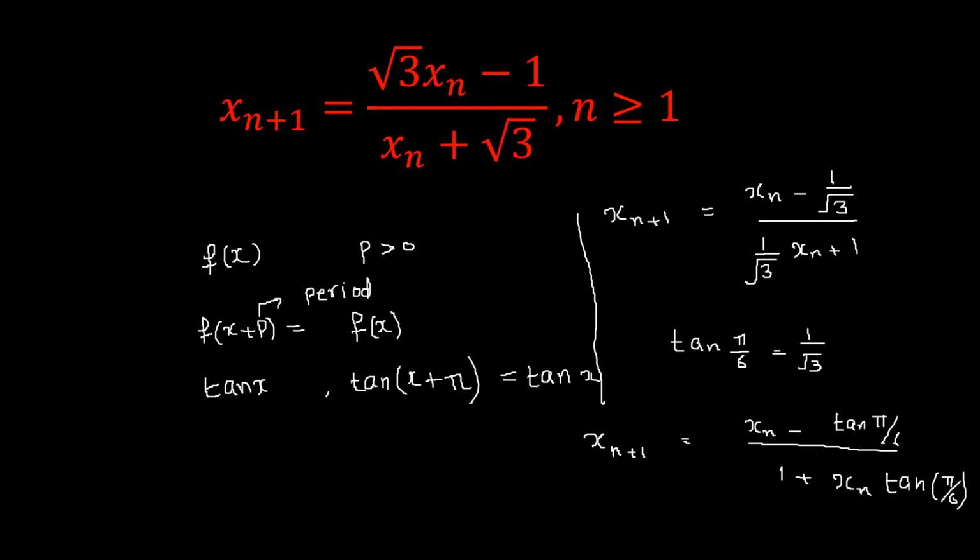Now look at what is going on. Let me rewrite that expression again: x_{n+1} = (x_n + tan(pi/6)) / (1 + x_n tan(pi/6)).